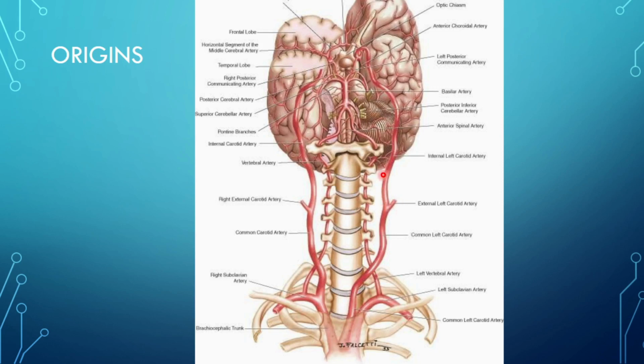And then the internal carotid artery, which is going to continue up. It's going to enter your cranial cavity through the carotid canal and will supply the brain itself.